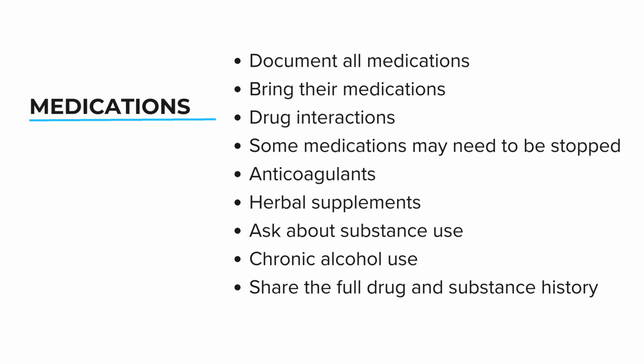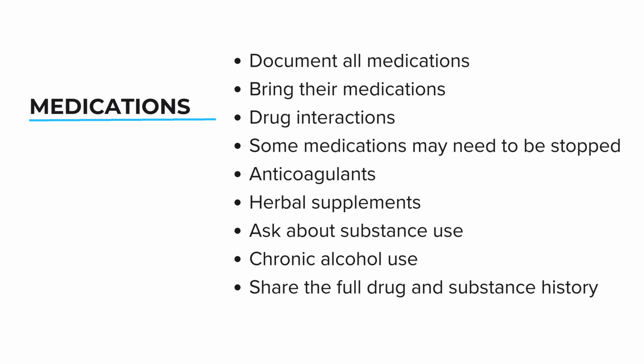For example, antidepressants may increase opioid effects. Blood pressure medications can cause low blood pressure during surgery. Diabetes medications may need adjustment due to stress and fasting. Antiplatelet drugs can increase bleeding risk. So we may ask patients to stop certain meds before surgery, depending on the drug and the patient's condition.